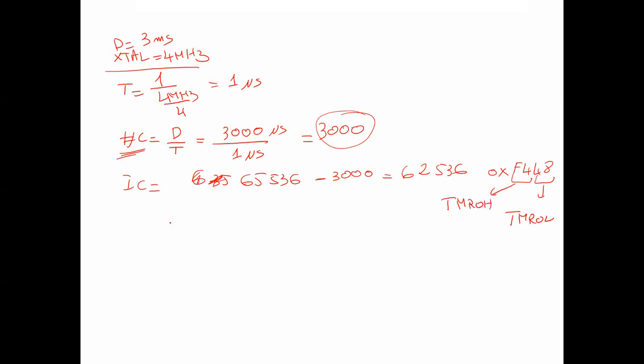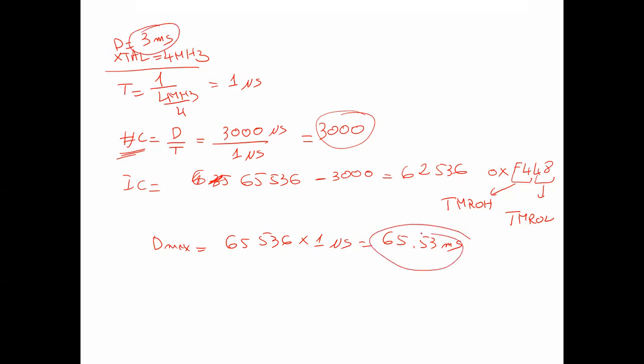Okay, so what is the delay max? The delay max is 65,536 multiplied by 1 microsecond, which is almost 65.53 milliseconds. So you can see that our delay, 3 milliseconds, is less than the delay max.